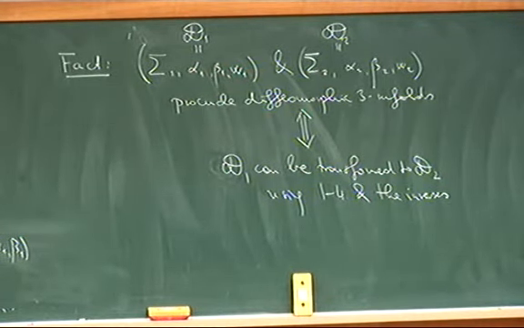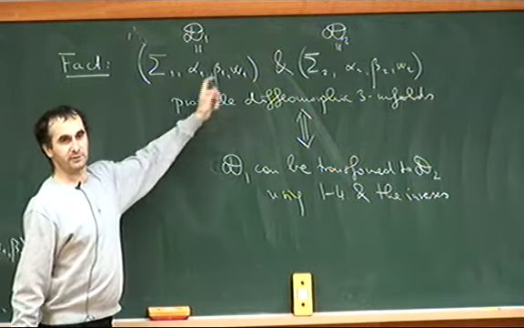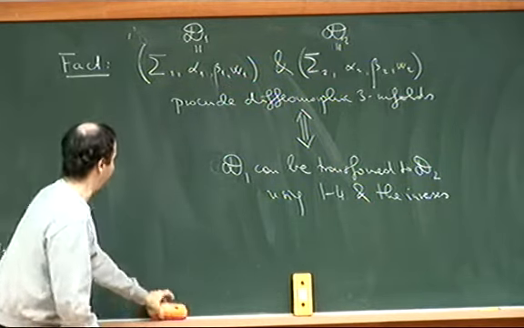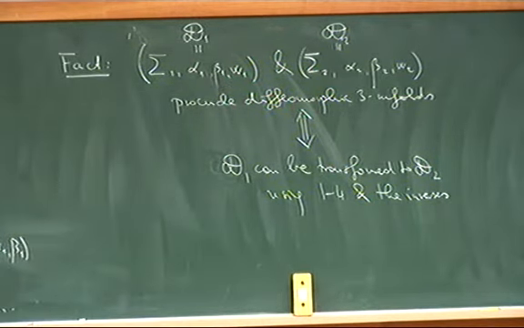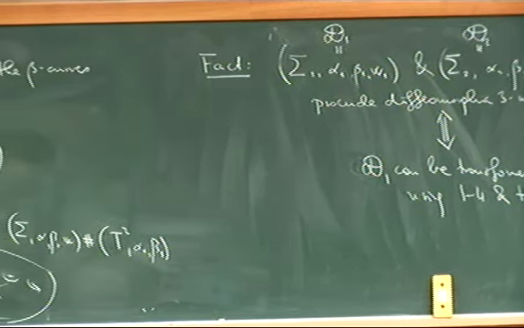Okay, so instead of 3 manifolds, I will always consider these Heegaard diagrams, so a surface, a couple of curves, and a couple of points. So here is how we associate to it the homology groups.